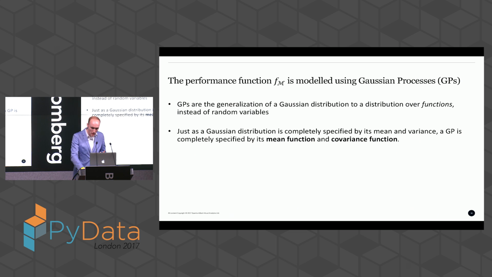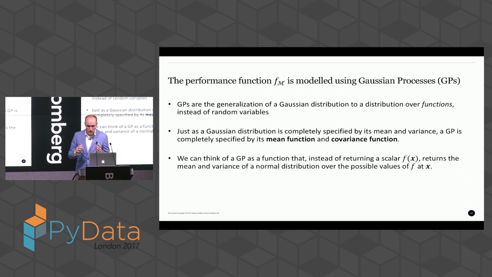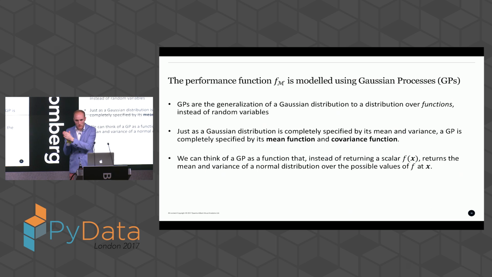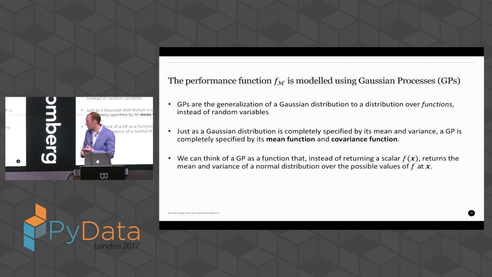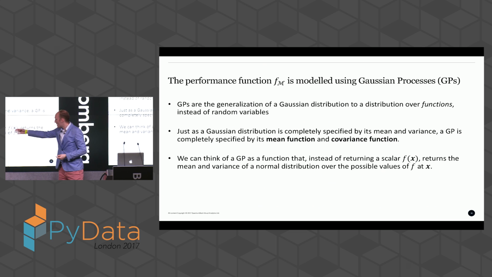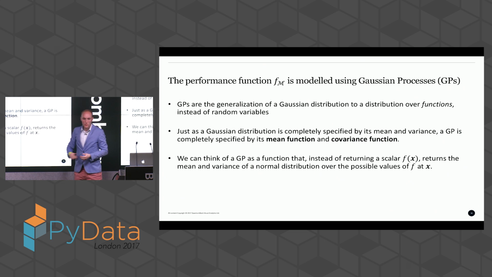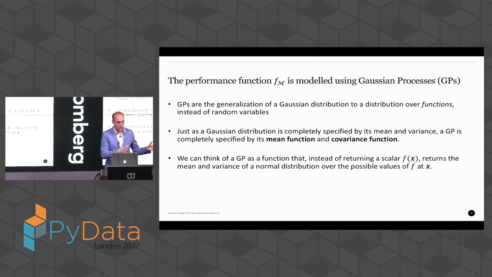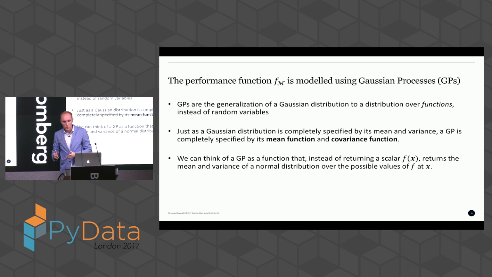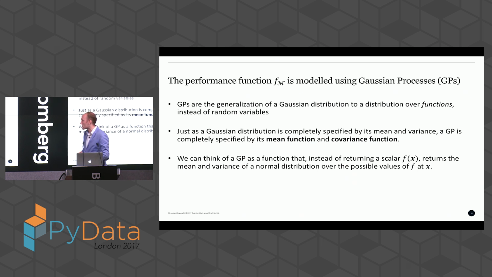A way to think about these Gaussian processes is that instead of the normal distribution giving you a real number back, a scalar, the Gaussian process, for any point of your performance function, gives you back the mean and standard deviation of another normal distribution at that point.